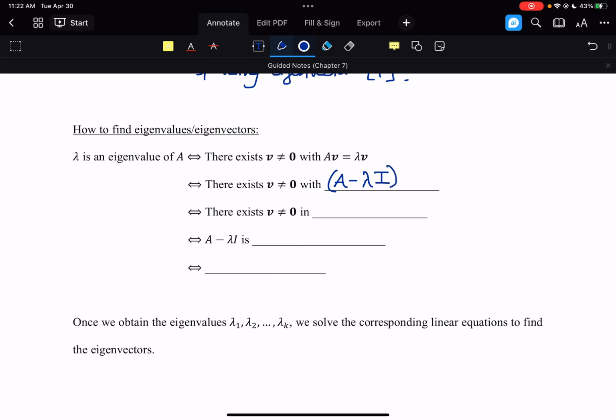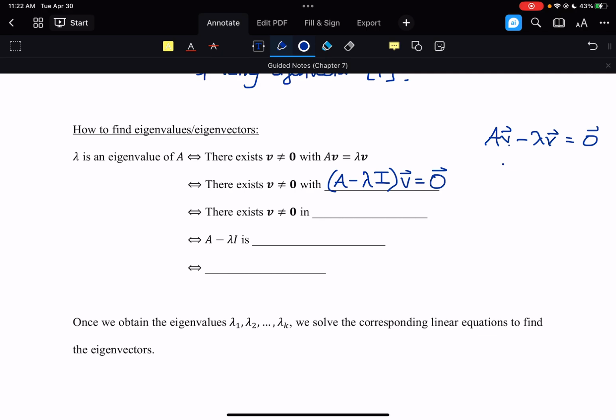where I is the identity matrix, times v equals 0, and that's the 0 vector. So again, if you took Av, subtract the lambda v over, equals 0, factor out the v from both, keep it on the right-hand side because of the matrix multiplication, it does matter.